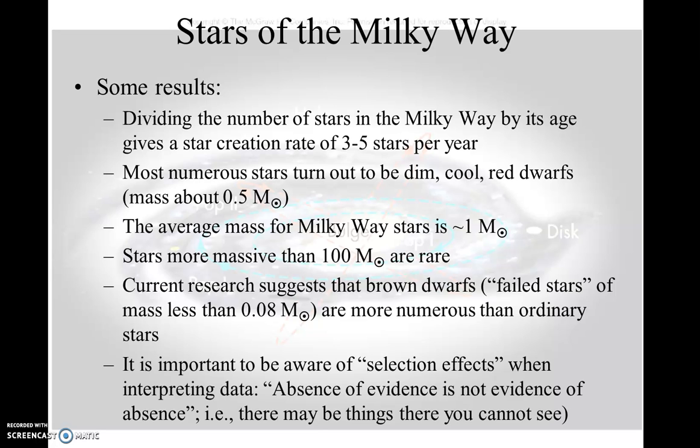So that's the vast majority of stars. And then, of course, there are some more massive stars, up to around 100 times the mass of the sun. But again, these are extremely rare. The overall average of all the stars in our galaxy is roughly 1 times the mass of the sun.